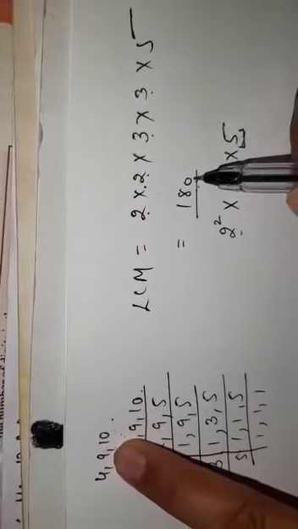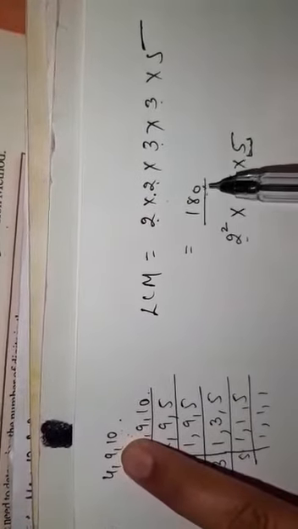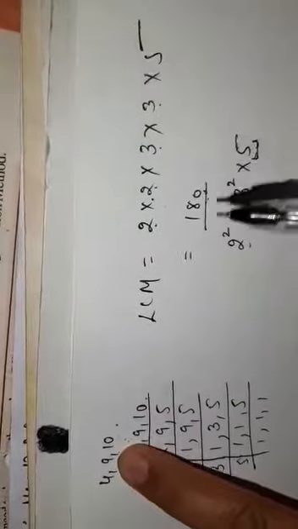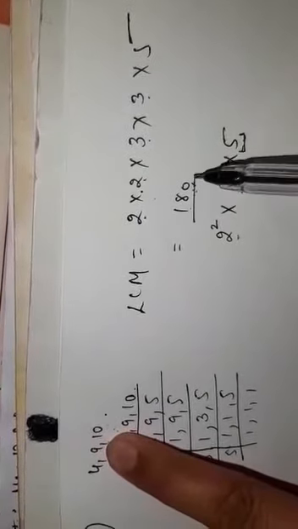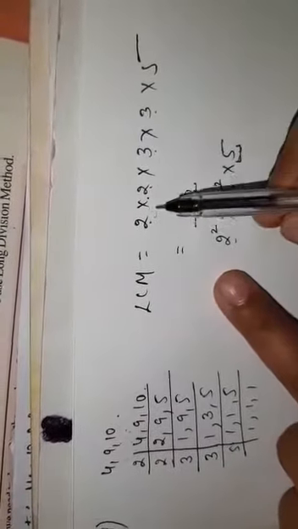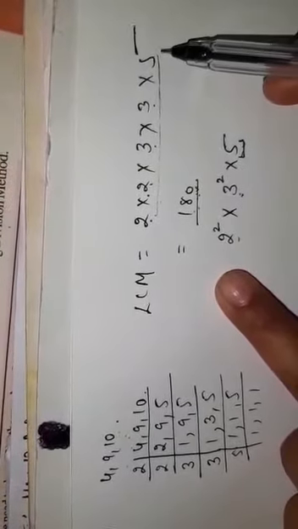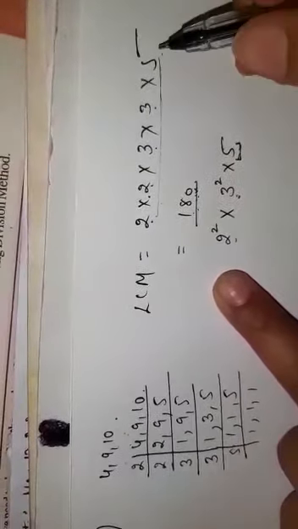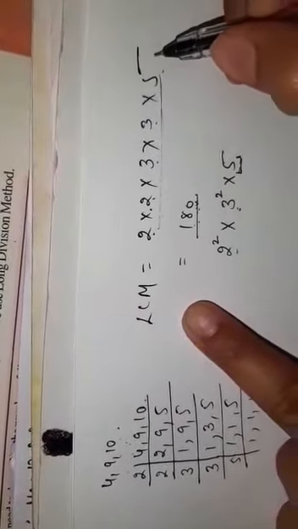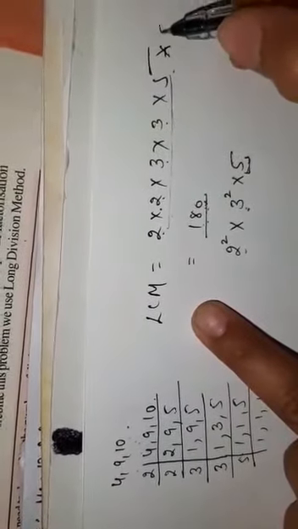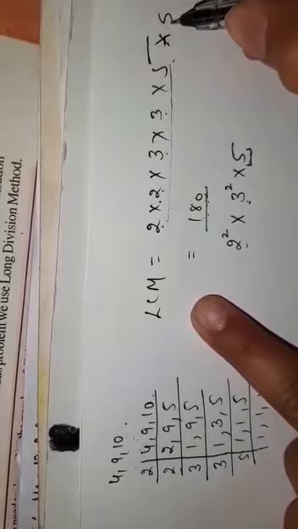And in the question it is given that we have to find out the perfect square number. So we now have to change it into a perfect square number. In the prime factors of 180 only one more 5 is needed. If I write down one more 5 here, I will get a perfect square.